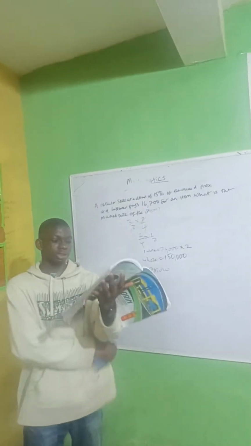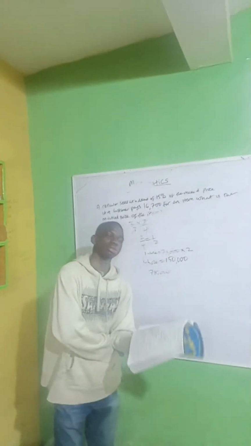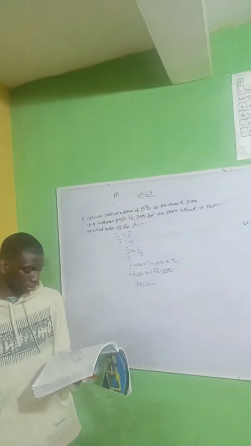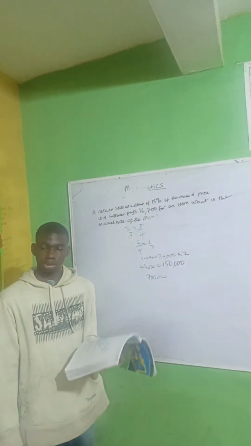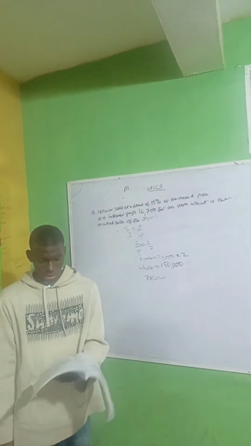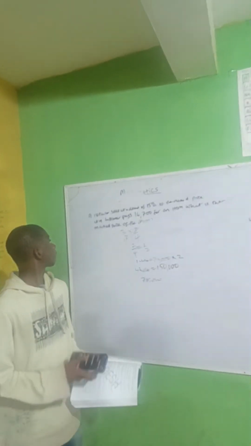So the next question, they said if log 2 is equal to 0.301, find log 16.